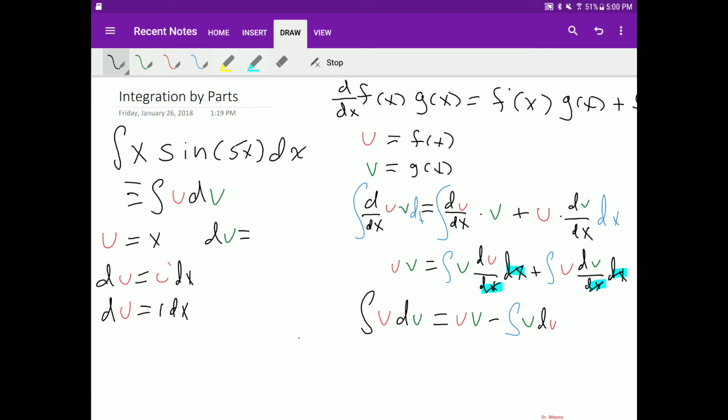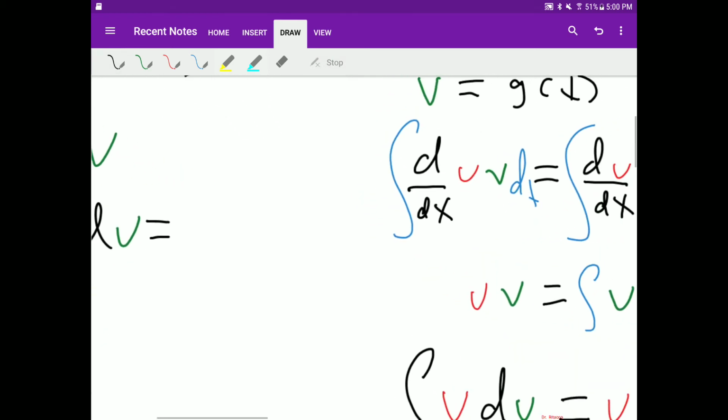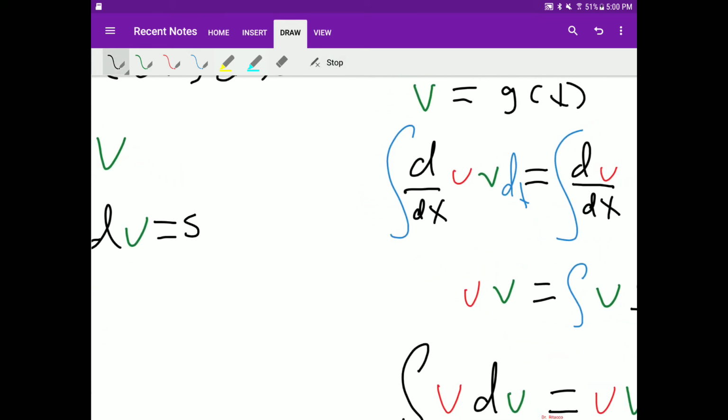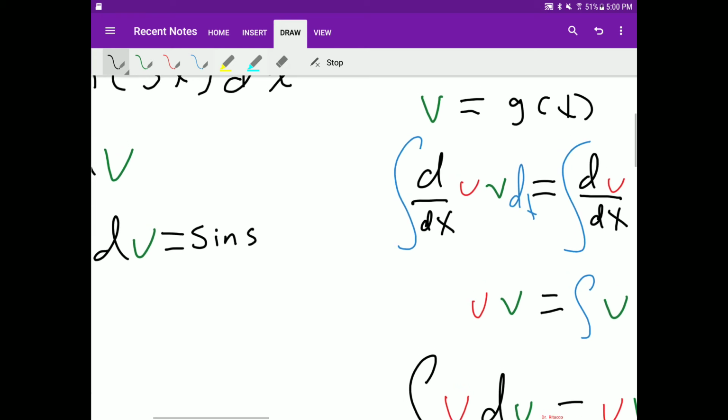Well, that leaves everything else to be dv. I know there's a lot of writing, so I'm going to zoom in here. So dv here is going to be sine 5x dx. Okay, well now we need v. v is equal to the integral of v prime dx, and dv up there is v prime dx.